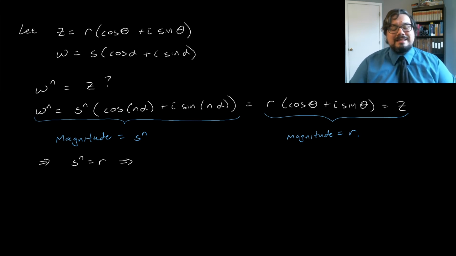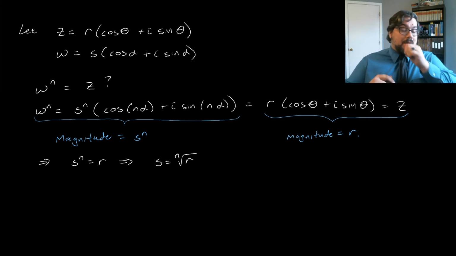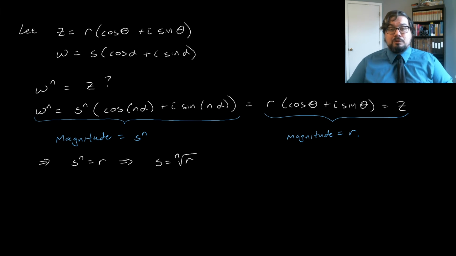Now, because s and r are both real numbers, that means that s has to be the nth root of r. And furthermore, because magnitudes are non-negative, we only need to take the positive root in case n happens to be even. So we're actually halfway to our answer.